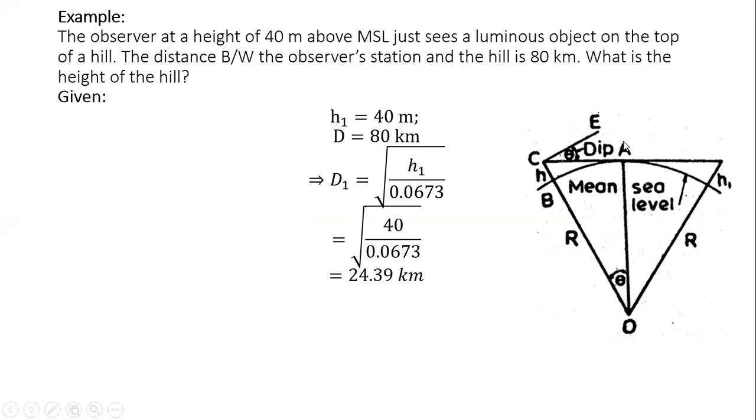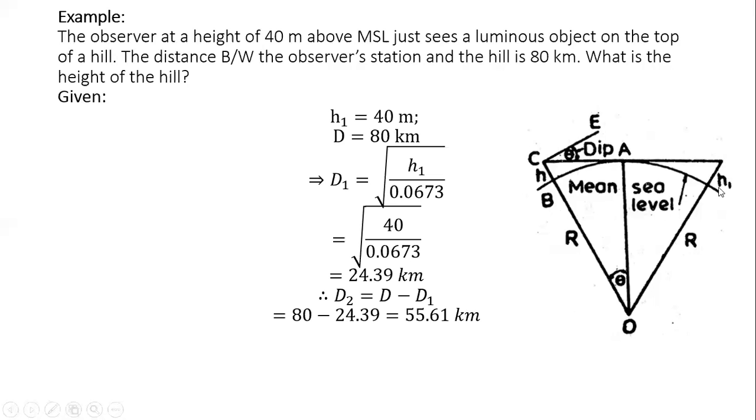So this distance I can easily find out by subtracting: d2 is equal to d minus d1, that is nothing but 80 minus 24.39. The total distance from here to here is 80, so this can easily be found out by subtracting the two. So this comes out to be 55.6 kilometers.